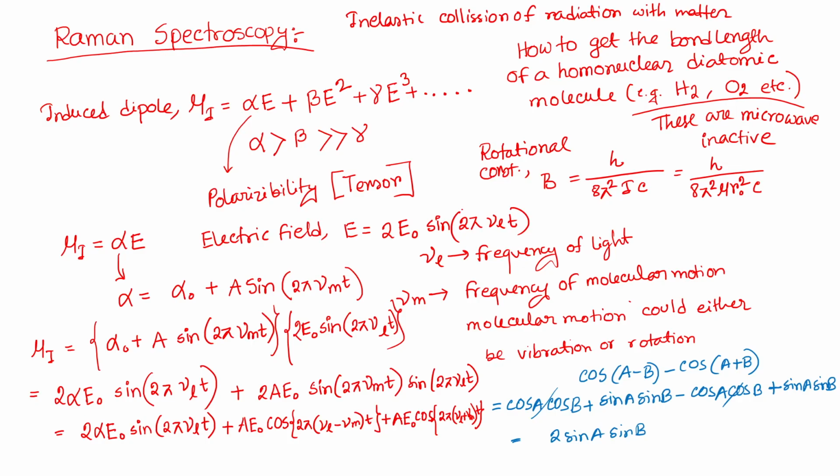Okay, so with this interaction, this is giving you three things. Let me highlight this. When light undergoes collision, one part is where there is no change in the frequency of the light, that is known as Rayleigh scattering.